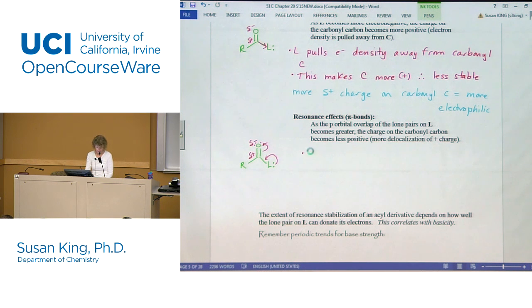So resonance effect adds electron density to the carbonyl carbon. This makes carbon less positive, and therefore more stable.